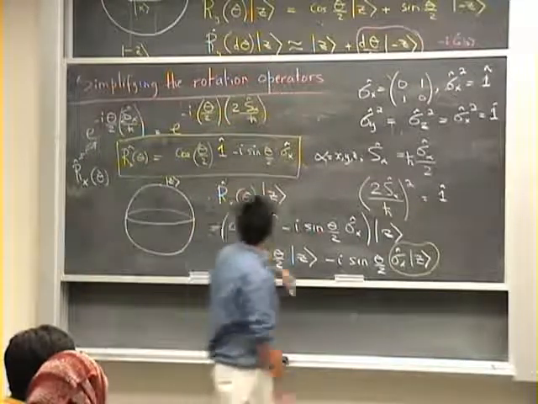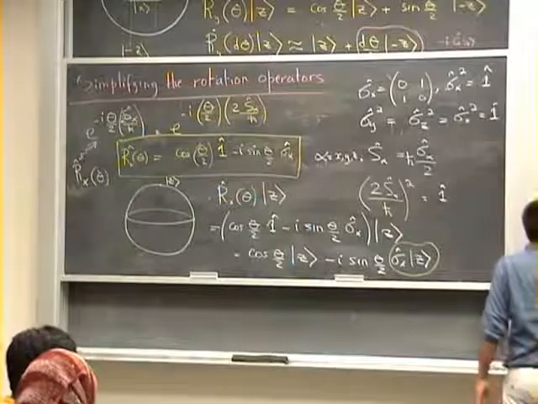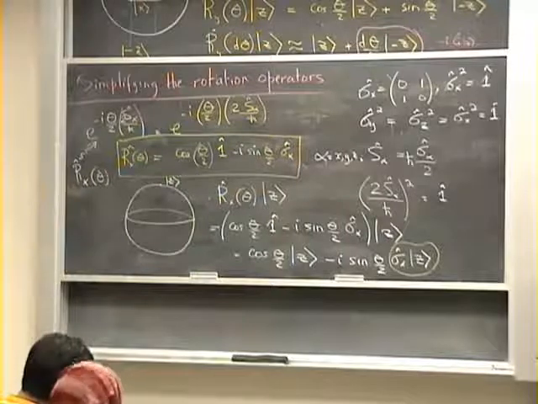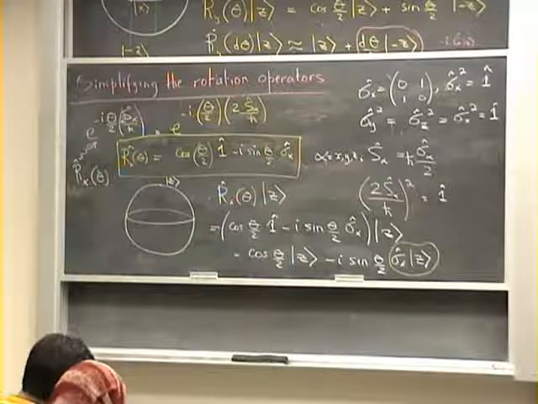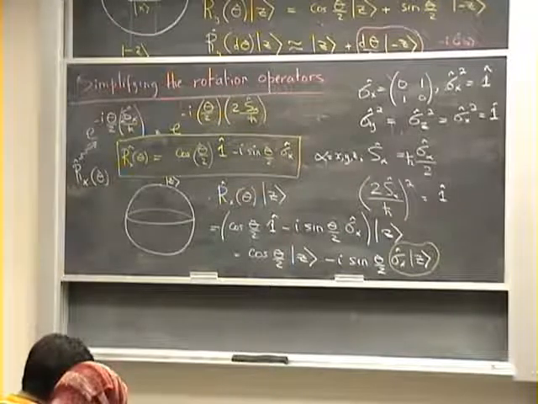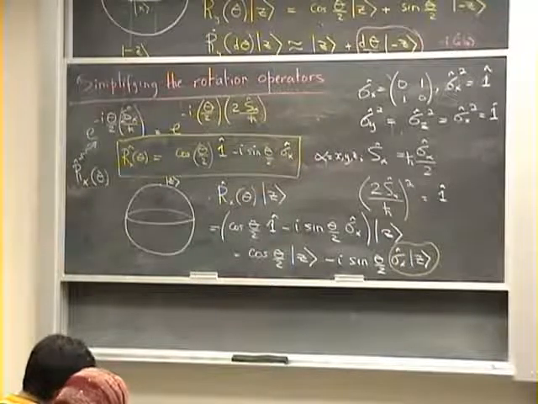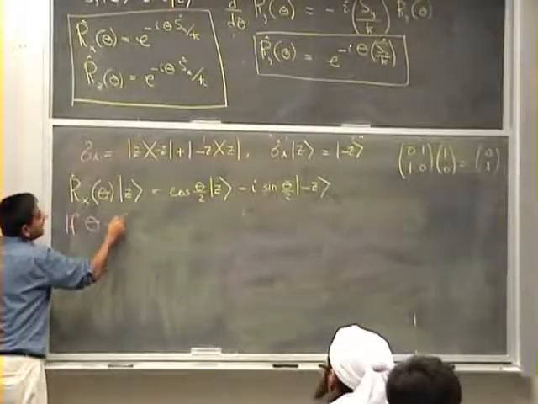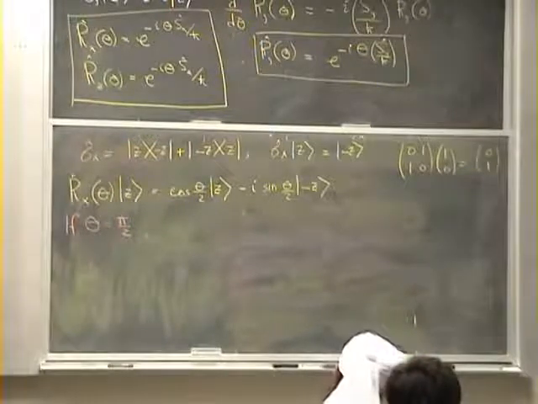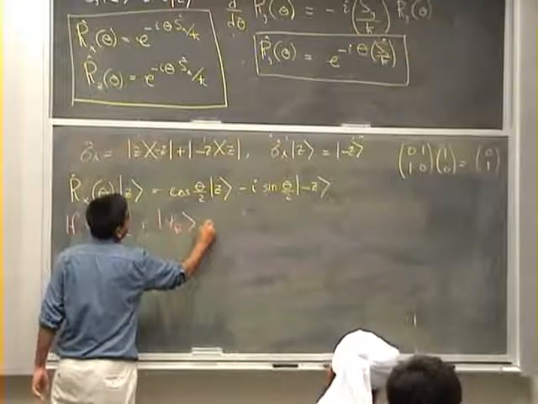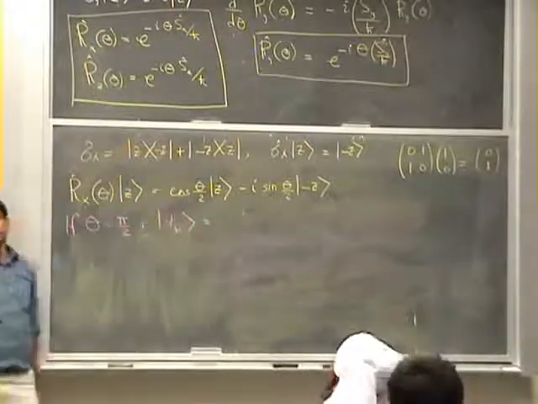Okay. So look at the result: r x acting through an angle theta on z gives you cosine theta by 2 z minus iota sine theta by 2 minus z. If my theta is pi by 2, if my angle of rotation is 90 degrees, then my final state, psi final, is going to be, what should I put here?